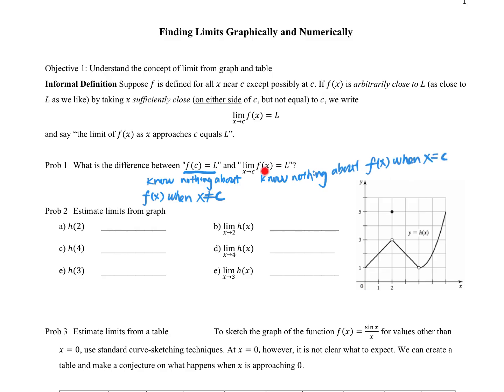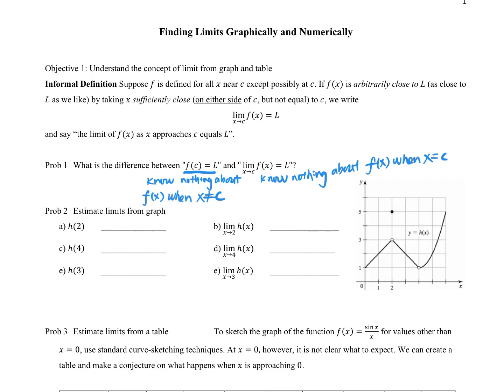You only know f is approaching L when x is nearby c, but nothing about f when x is equal to c. So there are two different things. Now with that, let's start with the next problem and use this problem to make sense of the limit graphically.